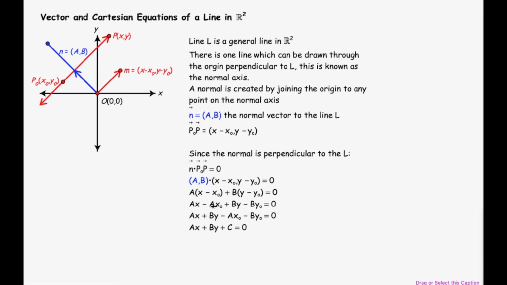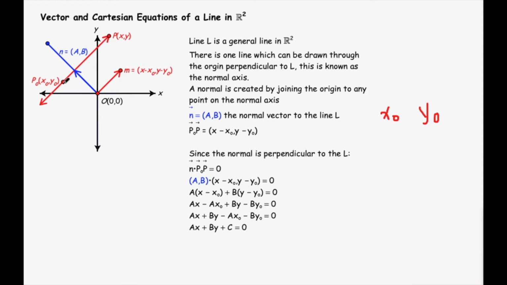Expanding, I get ax minus ax naught plus by minus by naught. Grouping things that are like x and y, which are general points on that line, I'm going to group them together: ax plus by, minus ax naught minus by naught. Now the thing we have to remember is that x naught and y naught are constants, right?